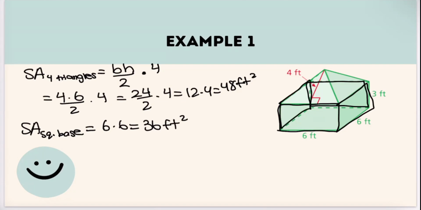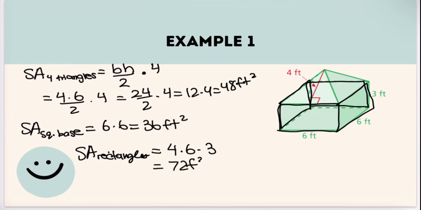And so this is 4 3 by 6 rectangles. So therefore, the surface area of the rectangles is going to be 4, because there's 4 rectangles, and then times 6 times 3, because each of these 4 rectangles is a 6 by 3. And then we're going to end up getting that 4 times 6 times 3 is 72 square feet.